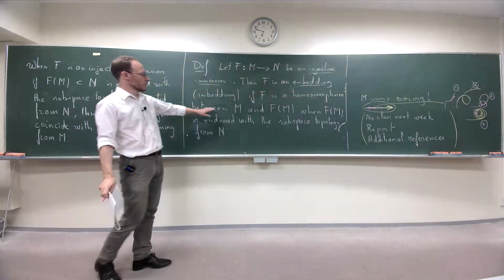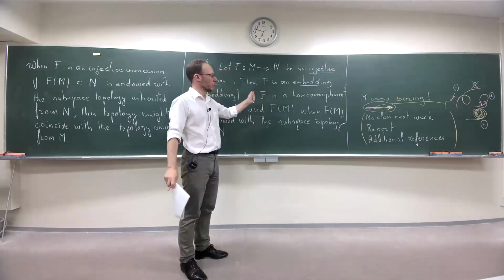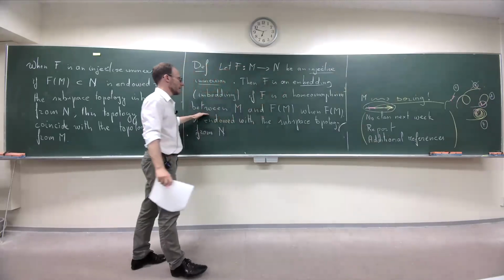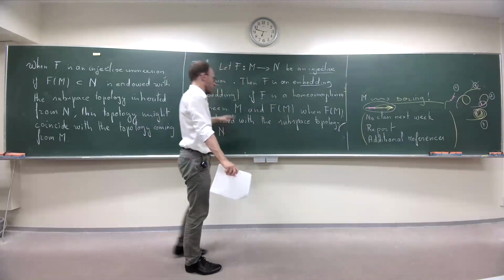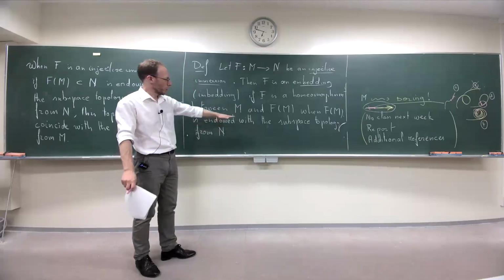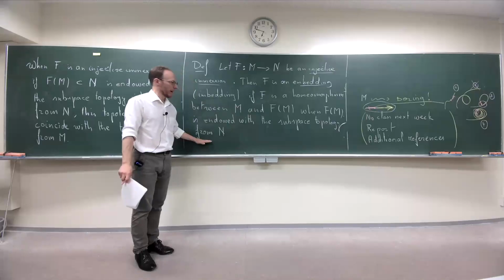And now we want to say that F is a homeomorphism, both continuous, between M and its image, when the image has a topology which is called the subspace topology given by N.